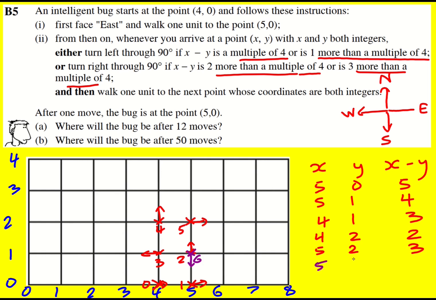So we're back to 5, 1, which gives 4, and hence turning left. Turning left is actually now going to lead to over here. That's 1 more, so turn left again.